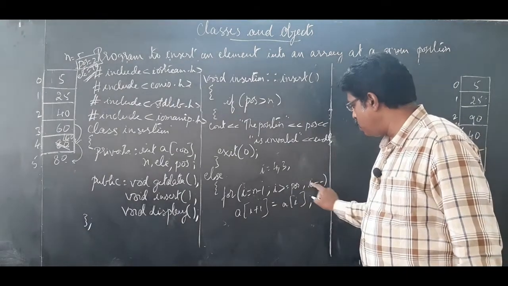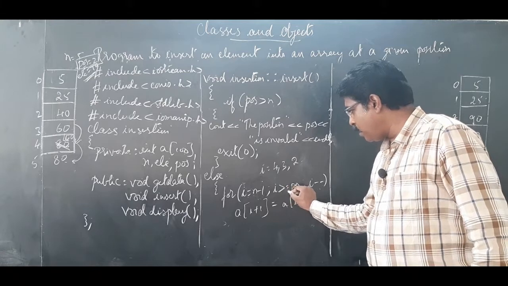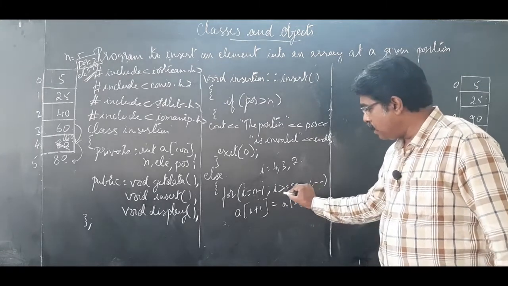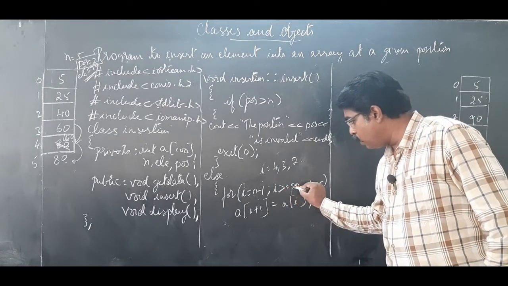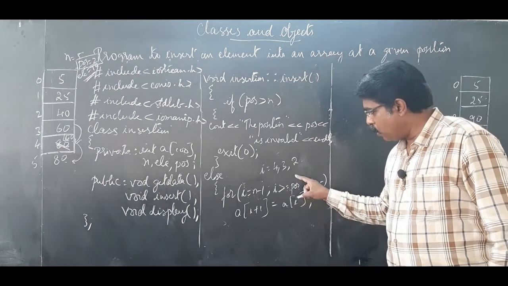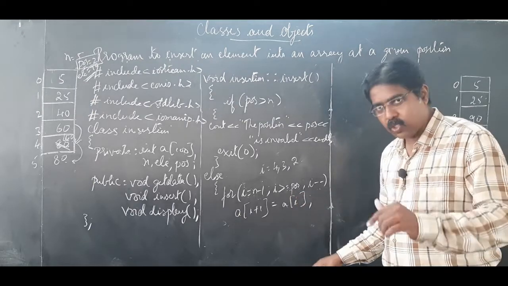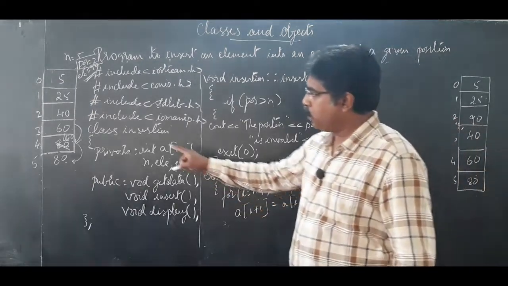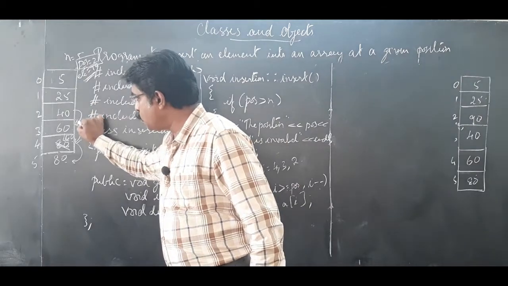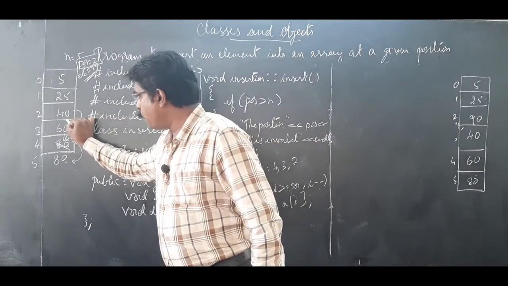I becomes decremented to 2. 2 greater than or equal to POS. This is the condition what we have. So 2 is not greater, rather it is equal to. It is true. A of 2. What is A of 2? 40. 40 comes to 2 plus 1 here. Then it comes as 40 here.